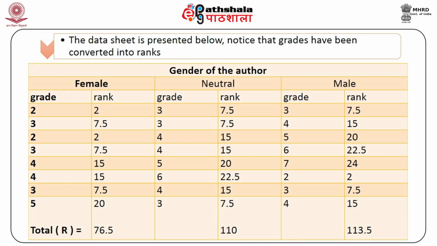The data sheet is presented below. Notice that the grades have been converted into ranks. We find the gender of the author: male, female, neutral and male, and the grades have been converted to ranks. The total of the ranks is also given in the row at the bottom.